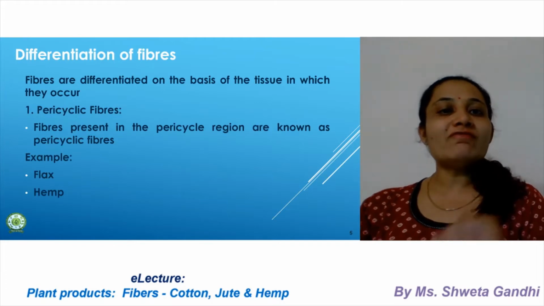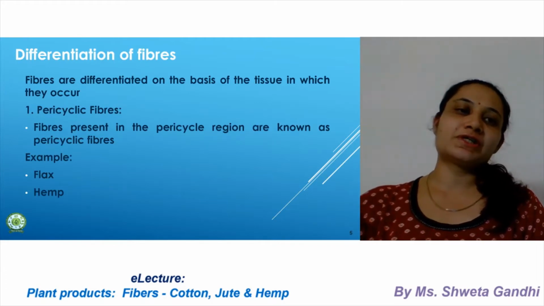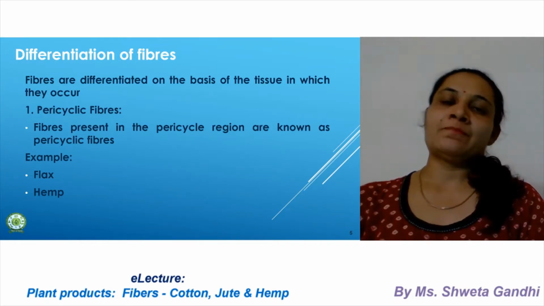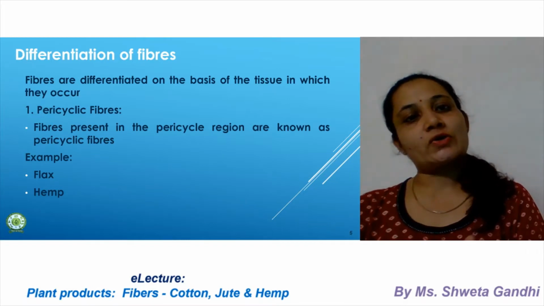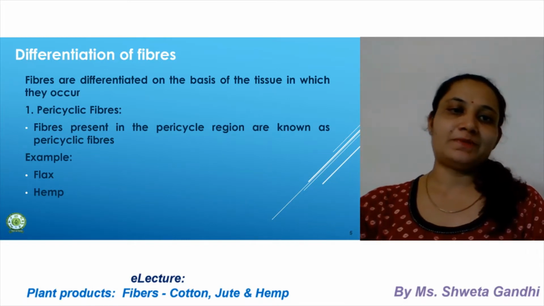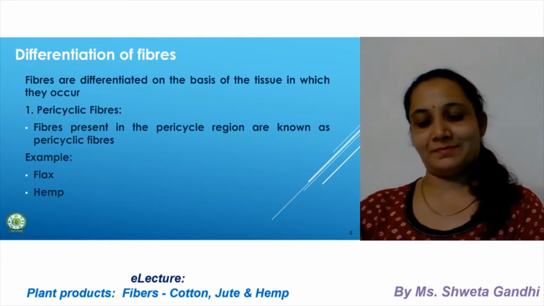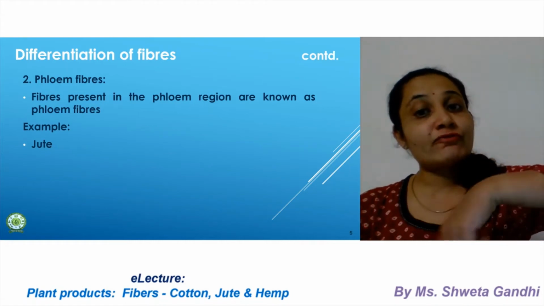Now, how will we differentiate the fibers? Fibers are basically differentiated into 3 types. One is pericyclic fibers. The fibers present in the pericyclic region are known as pericyclic fibers. Examples are flax and hemp. Next are the phloem fibers, the fibers present in the phloem region.